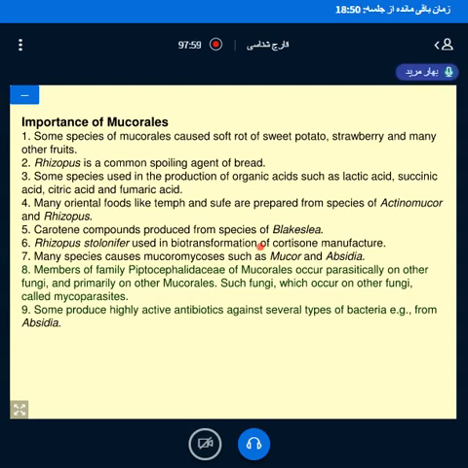Importance of Mucorales. Some species of Mucorales cause soft rot of sweet potato, strawberry, and many other fruits. Rhizopus is a common spoiling agent of bread. Some species are used in the production of organic acids such as lactic acid, succinic acid, citric acid, and fumaric acid.